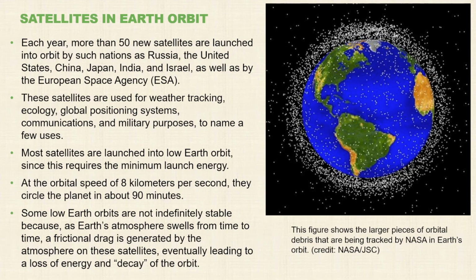Some low Earth orbits are not indefinitely stable. They are closer to the Earth's atmosphere, and sometimes the Earth's atmosphere changes in density. When it heats up more, it expands out, and it may reach where the low Earth orbit satellites are, and then those satellites start to burn, they disintegrate, and they fall.